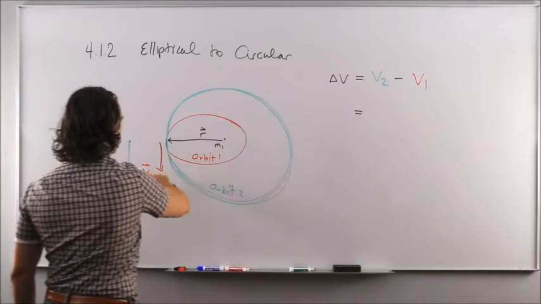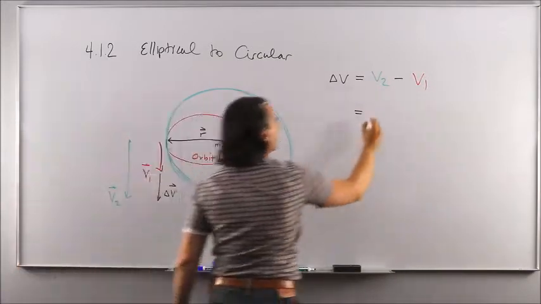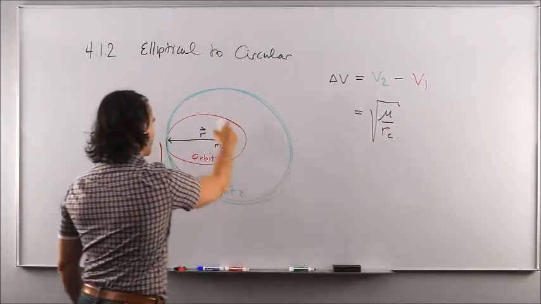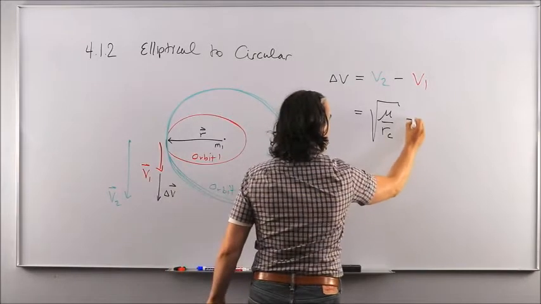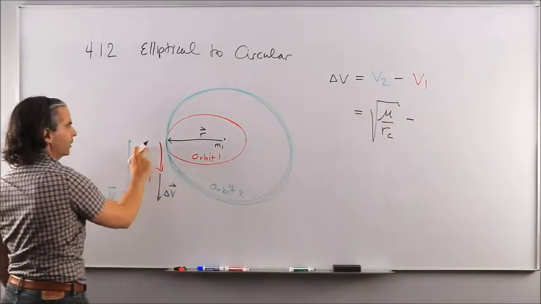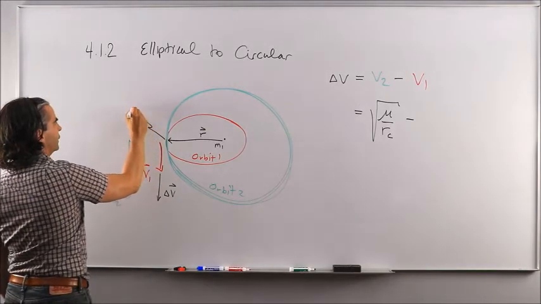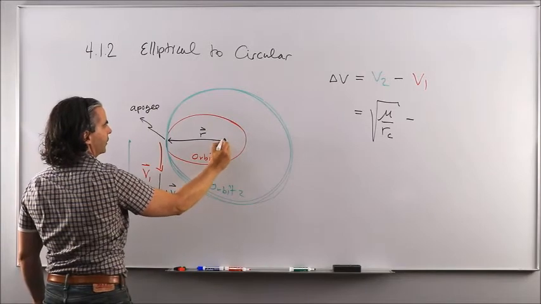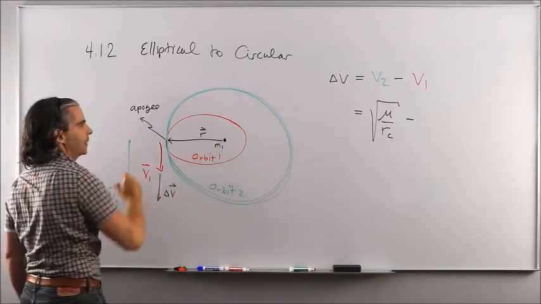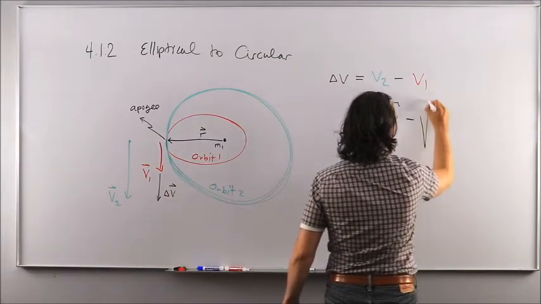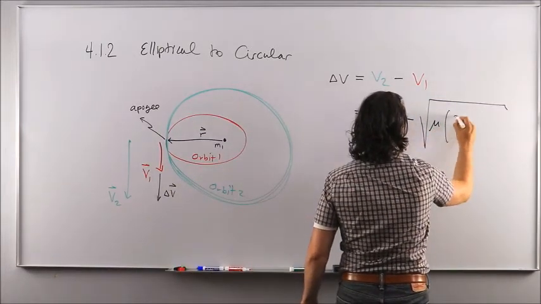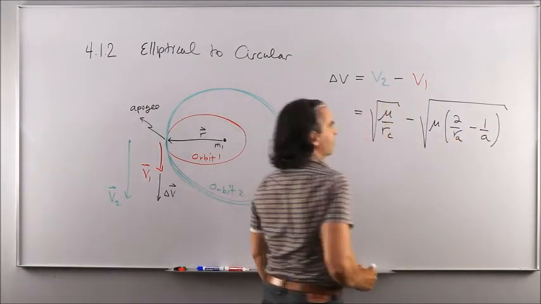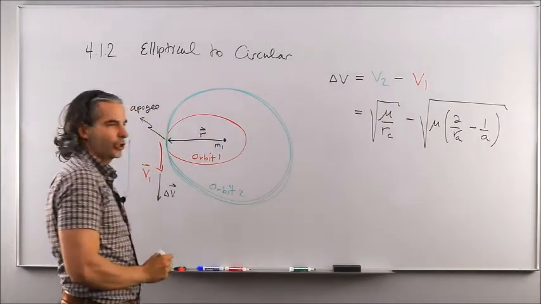Well, this is the speed along a circular orbit, so square root of mu over RC, where RC denotes the radius of the circle, and minus the speed along V1 at what point? At its apogee. Because this is the farthest point from M1. We didn't apply the maneuver at the perigee this time, but at the apogee. So I'm going to apply this Viva equation to an elliptical orbit, like that, at the apogee specifically, and therefore I'm going to use the RA notation there.